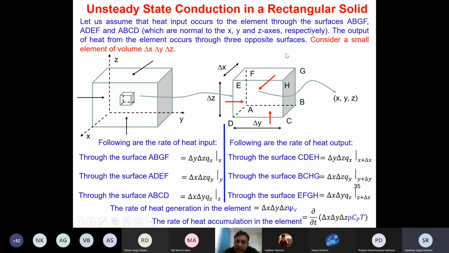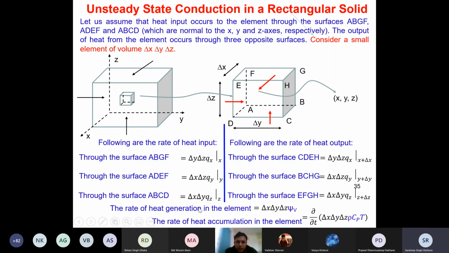So this is the heat input to the face ABGF, shown by this first red arrow, isn't it? That is the heat input direction. Similarly, the heat input from the face ADEF is shown by the second arrow here, and the heat input from the face ABCD is shown by this third arrow, which is from bottom to upward direction.